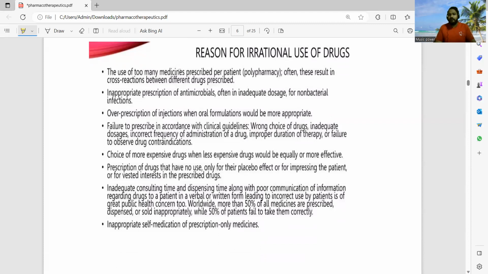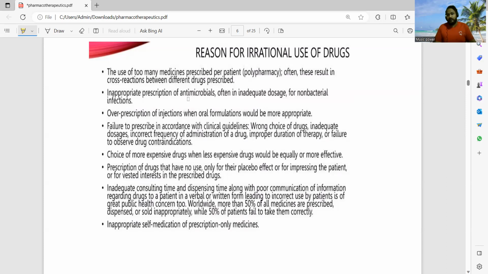The use of too many medicines prescribed to the patient is called polypharmacy. Often these result in cross reactions between different drugs prescribed. There are many drugs in the same prescription, and the interaction of each drug can harm the patient if it is not compatible with each other.